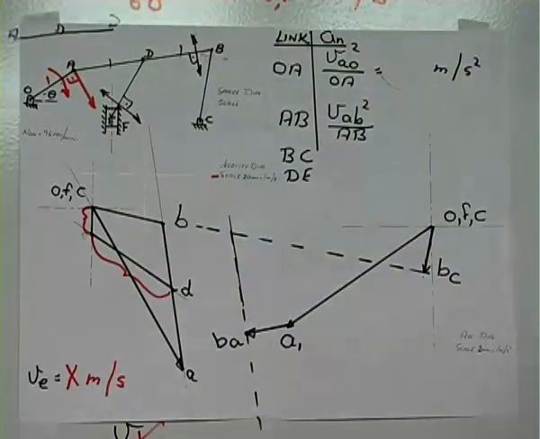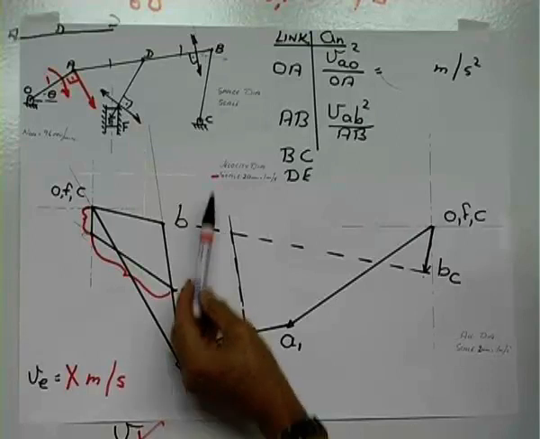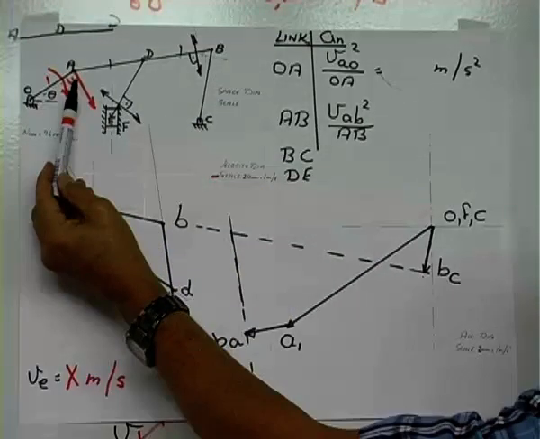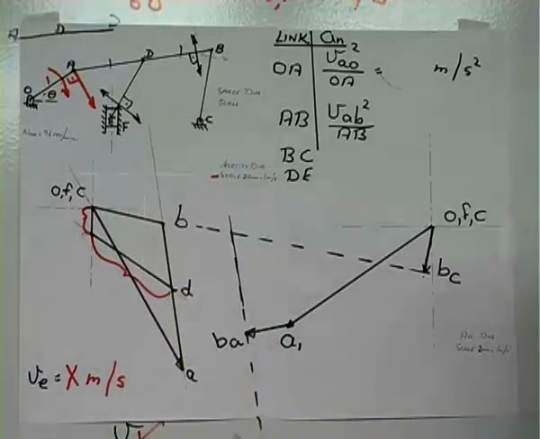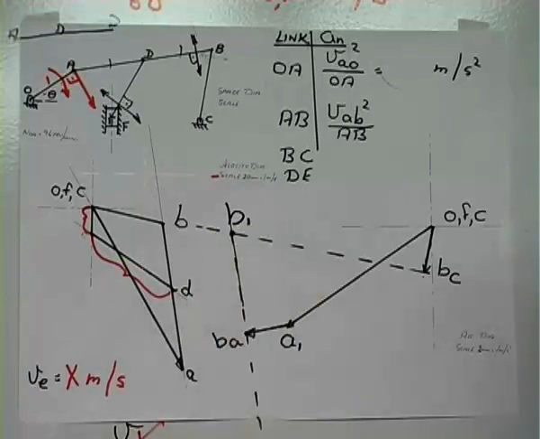So we do have two lines for B. Stood on C, observe B, gives you that line. Stand on A, observe B, gives you that line. The intersection there plots B on my acceleration diagram. The next will be to plot D, similar to what you did on the velocity diagram.